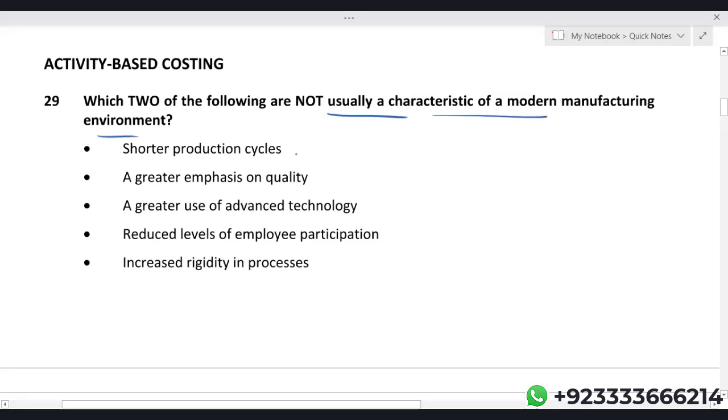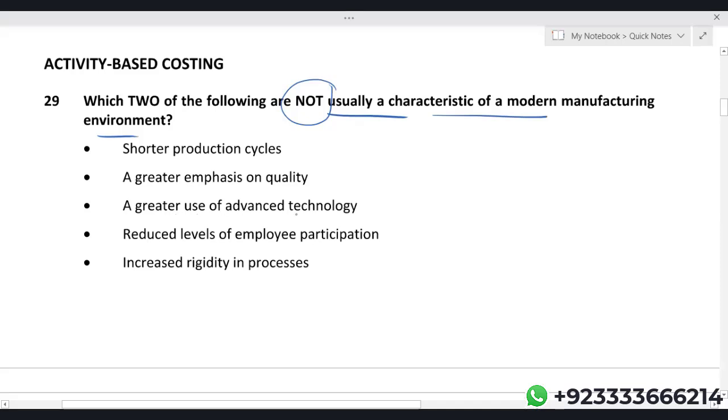Greater emphasis on quality. Yes, it is also a characteristic. We are required to identify the two that are not usually characteristics, so the first two are both characteristics of modern manufacturing environment.